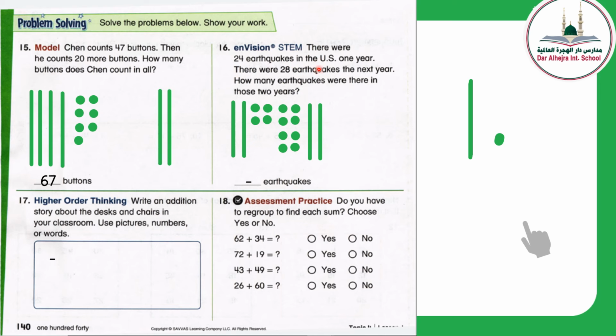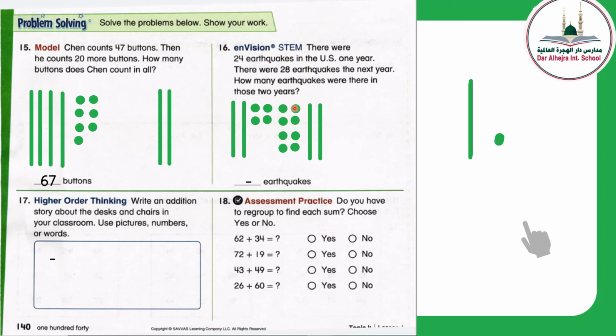Next, there were 24 earthquakes in US one year. There were 28 earthquakes in the next year. How many earthquakes were there in those 2 years? That means we need to add 24 to 28. I can show 24 by using my lines here, 20 and 4, and 28 by 2 lines and 8 dots.